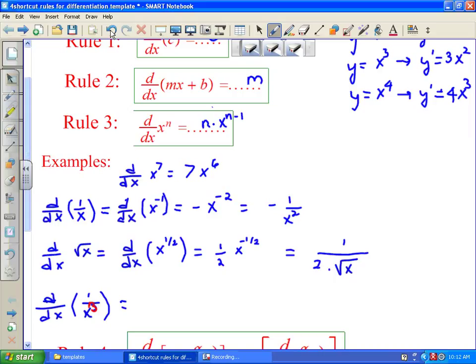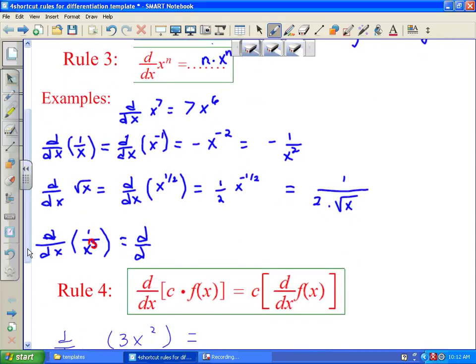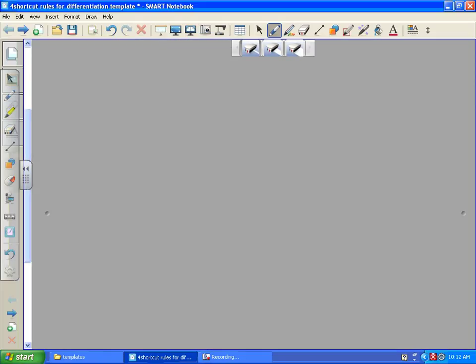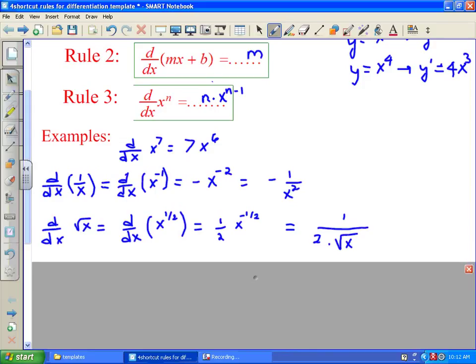So 1 over x to the third. First, we're going to rewrite it. How would you rewrite 1 over x to the third?